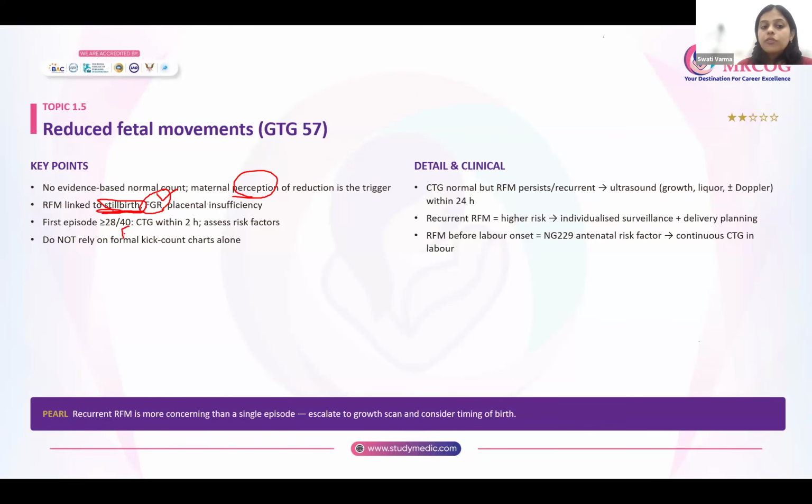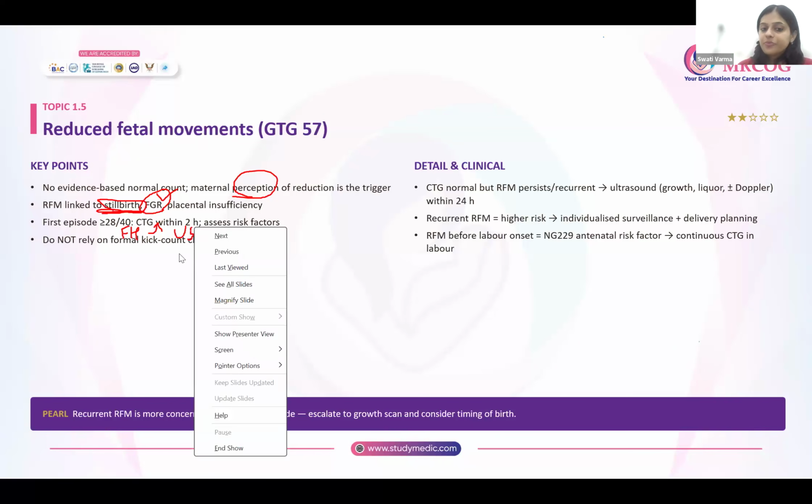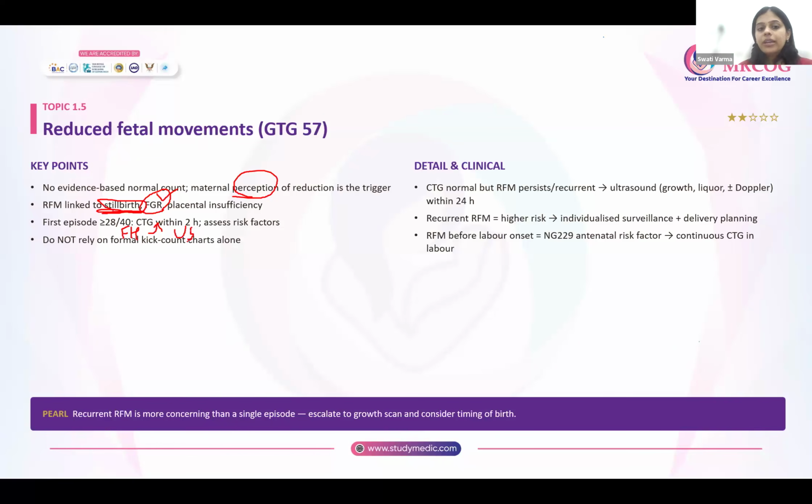So the first thing you will do is check the fetal heart through Doppler and then try to put on a CTG within 2 hours. Then assess for risk factors. If on handheld Doppler the heartbeat is not audible, then you can check on real-time ultrasound. And if the fetal heart is okay, then take her up for CTG. Do not rely on formal kick count charts alone.